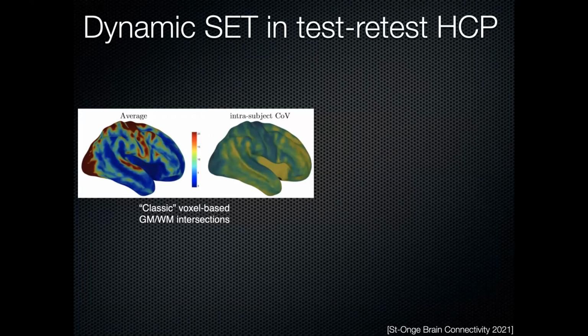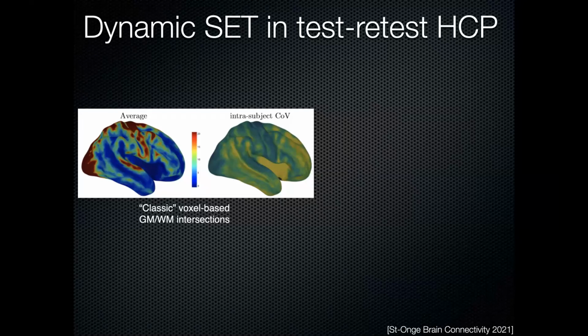connectomics pipelines. Well, you can see on the left here that the occipital cortex, the motor, precentral and postcentral cortex are overrepresented with tracks. These are the easy to track regions. And on the right, you see where the connectome is most variable. This is the coefficient of variation, average for all test-retest pairs.